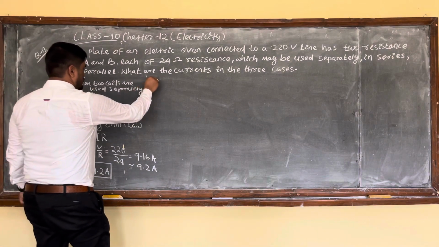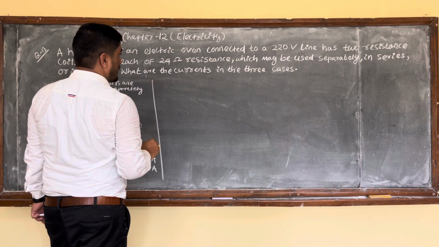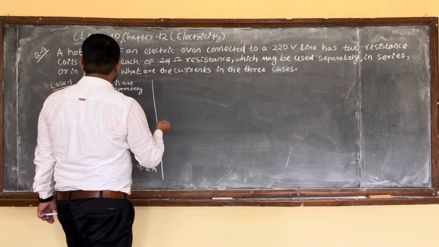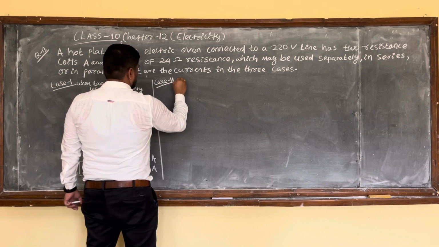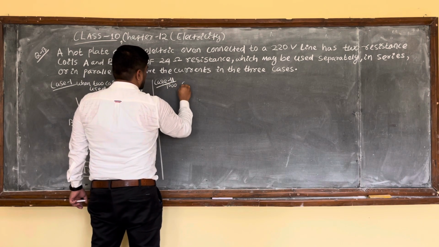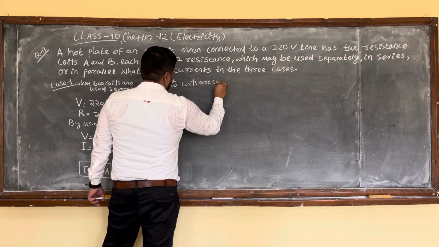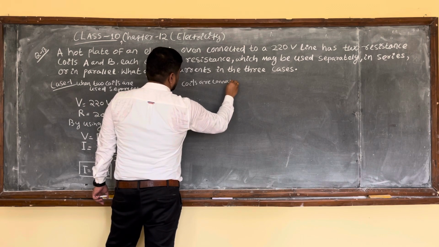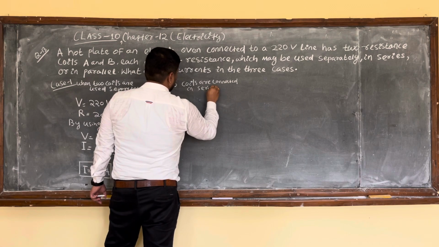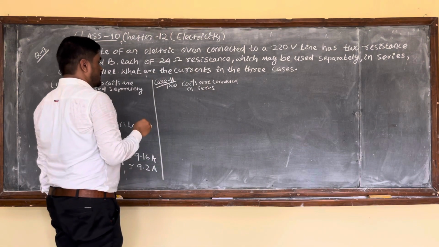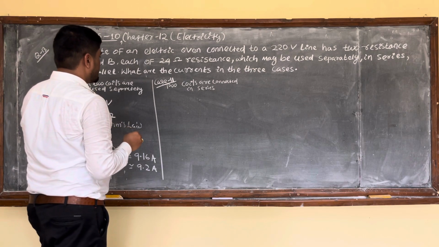And case 2. Case 2 is when the two coils are connected in series. For series connection, first you have to find out the net resistance in series.